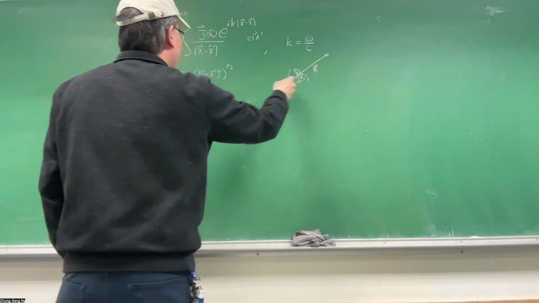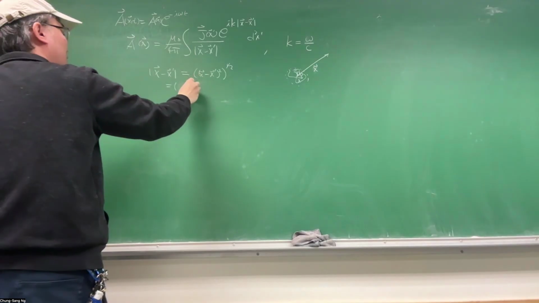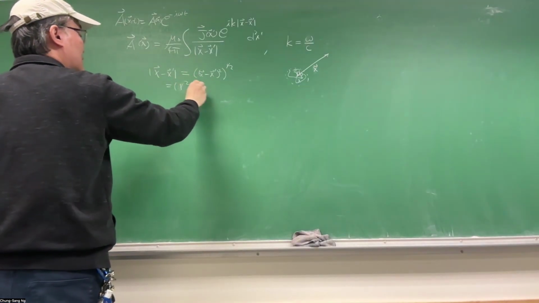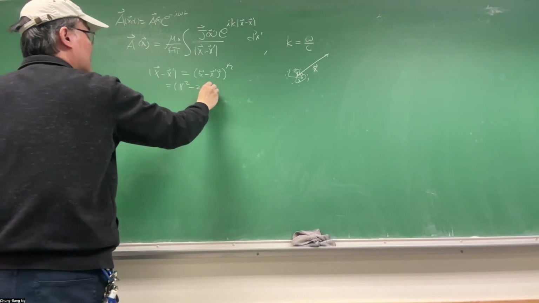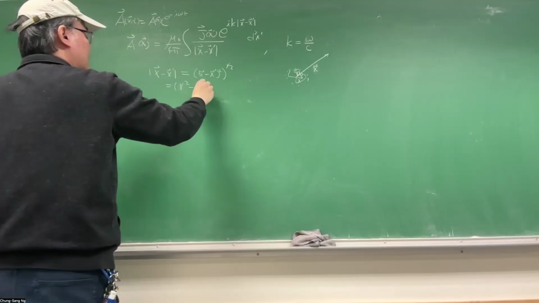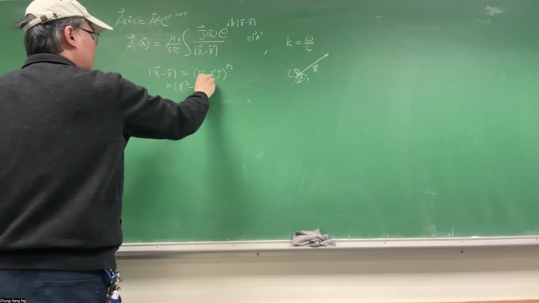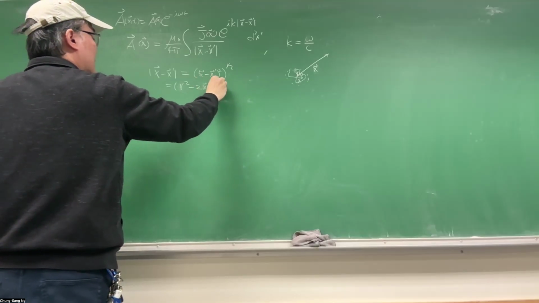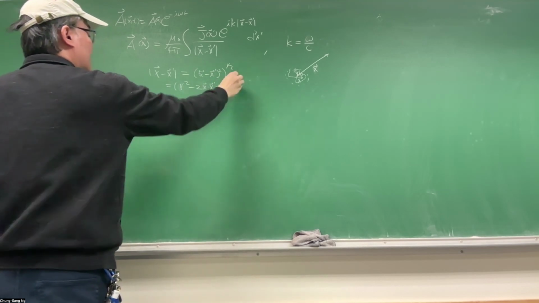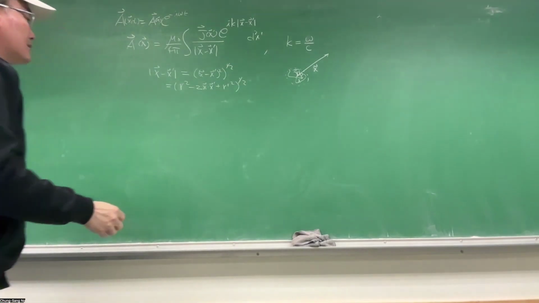The magnitude of x is called R, just the radial coordinate. So R squared minus 2 x dot x prime, let's keep it x dot x prime first, and then plus R prime squared, all to the power 1/2.